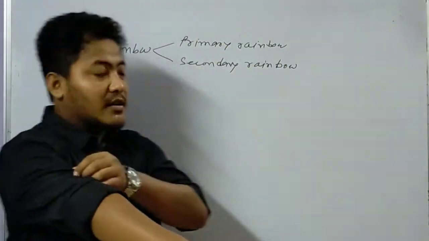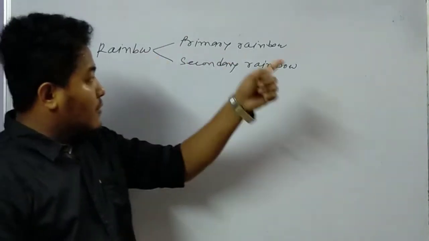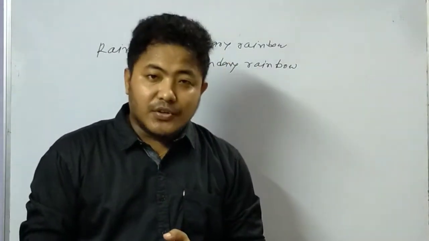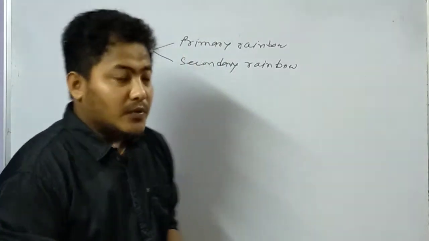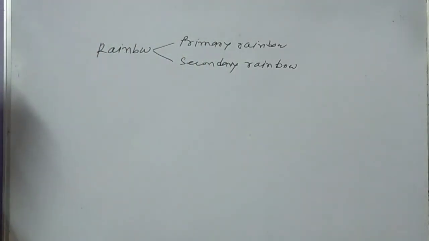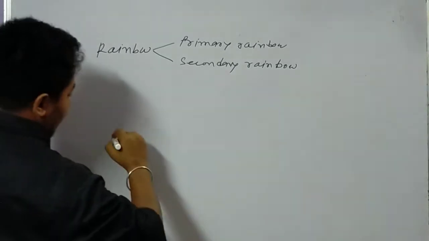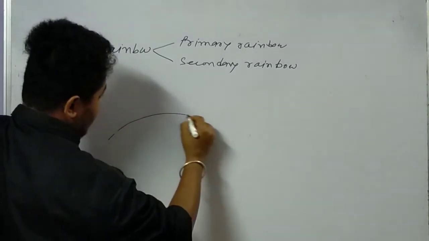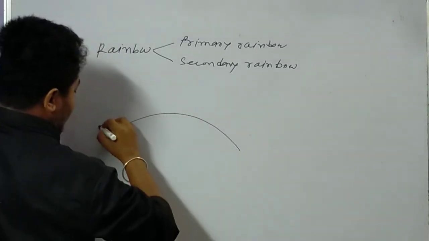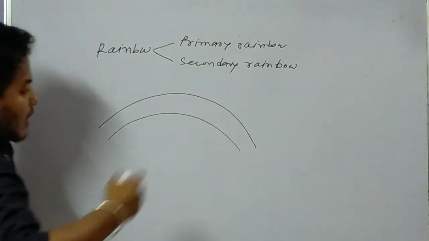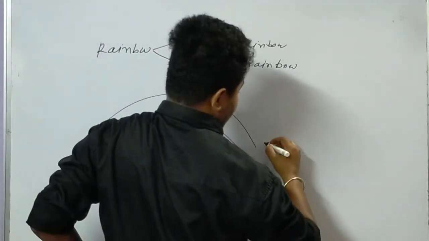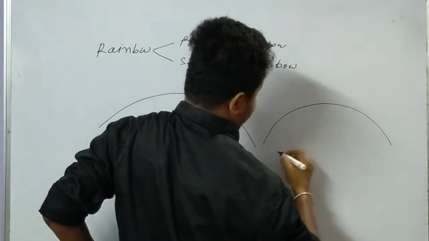So what is the difference between the primary rainbow and the secondary rainbow? Step by step we'll learn, but let me inform you what a primary rainbow is. Say we have two rainbows in the form of a bow like that. This is one rainbow, and I have drawn one more rainbow here.